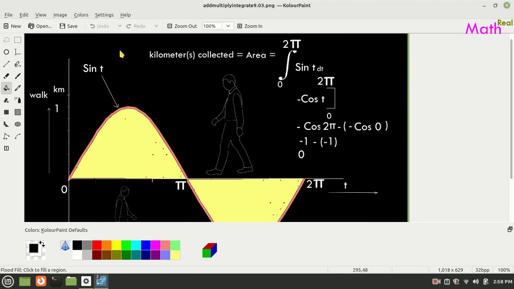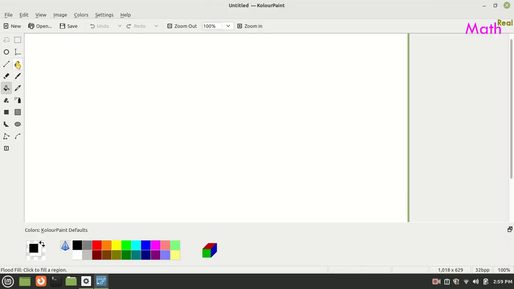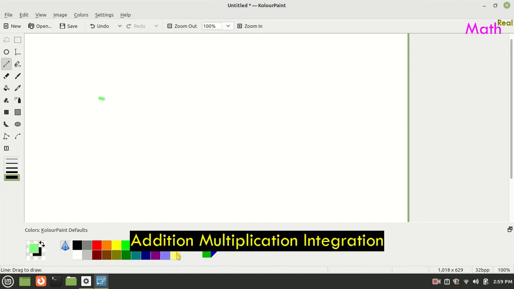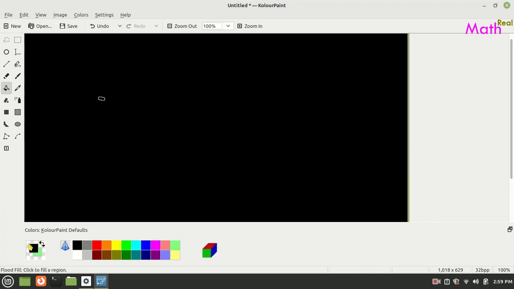So from here, the person is walking in this direction.